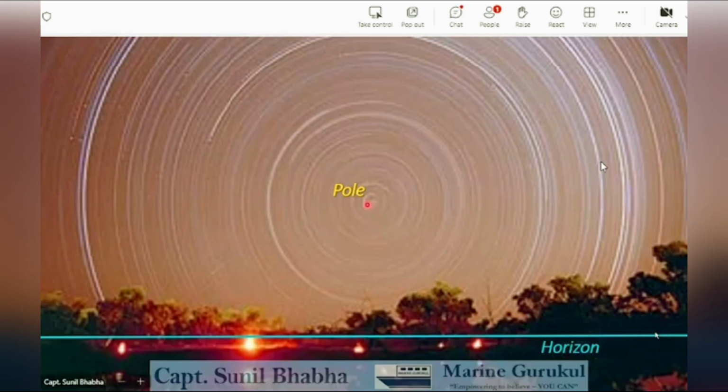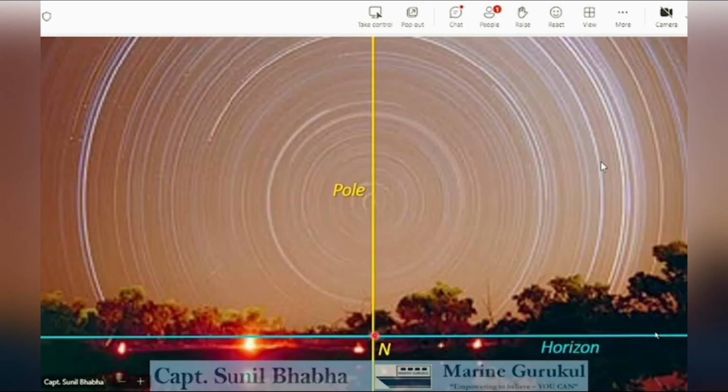Now if we come vertically down from the pole, the point where it touches the horizon, that is the north point of our horizon, of the observer's horizon. So you can see this yellow color vertical line passing from the pole. Wherever this line touches the horizon at this particular point, this is the north point of our horizon. So we want our spin axis to point to north.